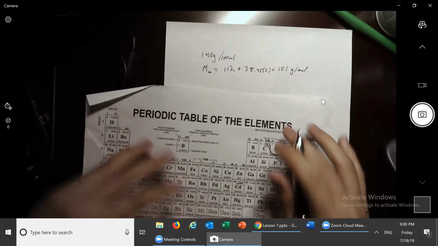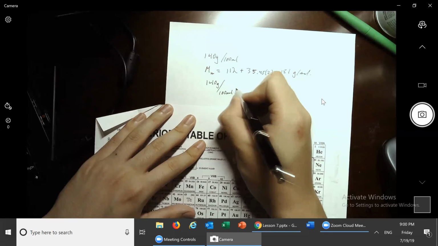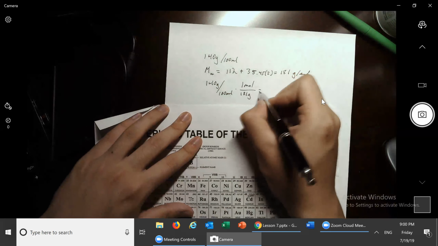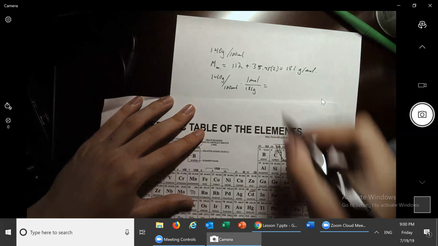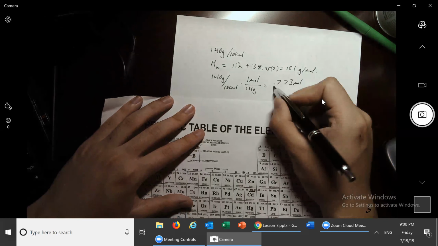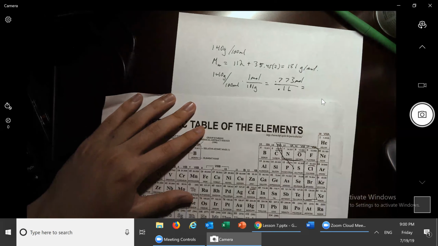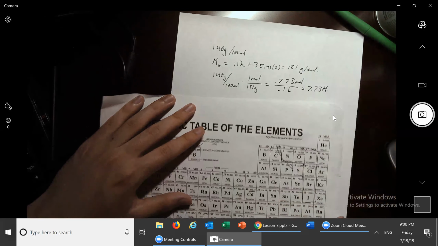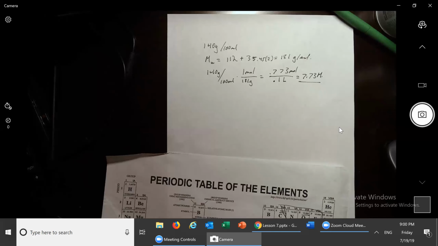Okay, so 140 grams times the conversion gives 0.773, which equals 7.73 molar. Okay, so that's how you do that calculation.